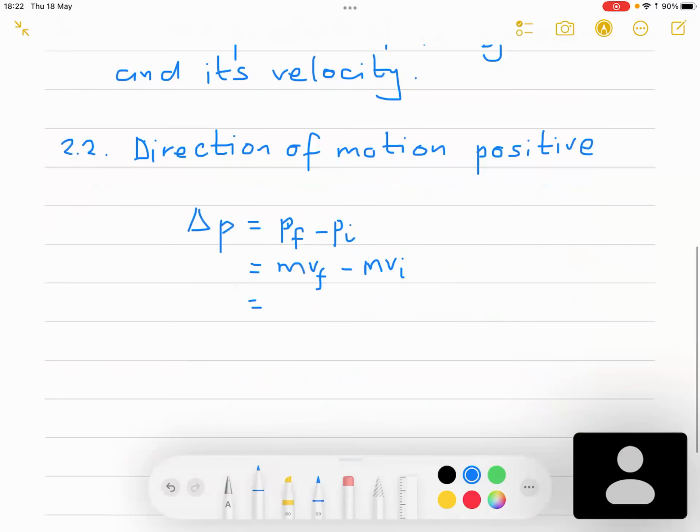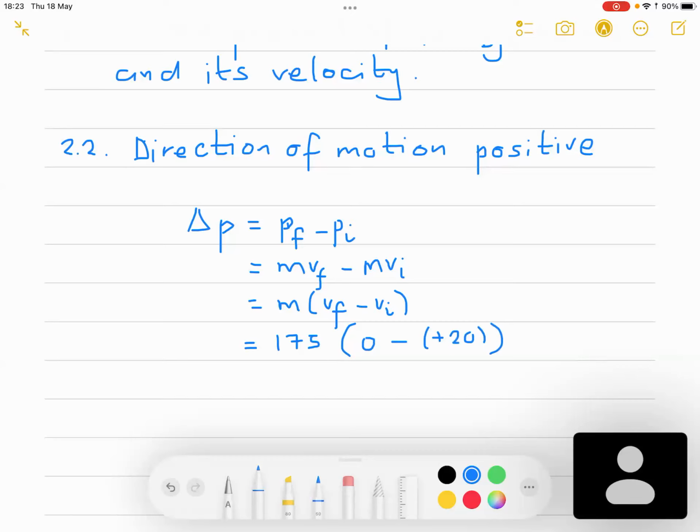So the mass is going to be, or I can also just rewrite this as m times vf minus vi. So then I can write this as 175 times the final velocity, it comes to a stop, minus the initial velocity. And I'm writing it here as plus 20 because I'm taking the direction in which he's traveling to be positive.